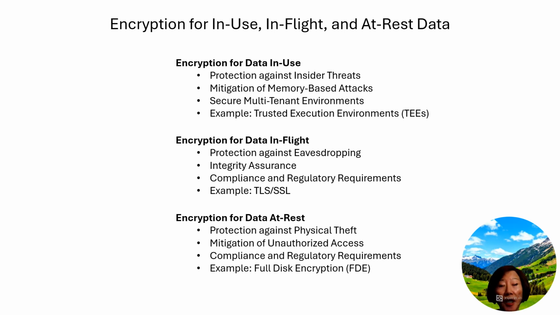Encryption for data in flight, or data in transit, refers to information that is being transmitted over a network, whether it is moving within a local network or across the internet. It is important because you want to protect against eavesdropping. Encrypting data in transit prevents unauthorized parties from intercepting and reading the data as it moves between endpoints.